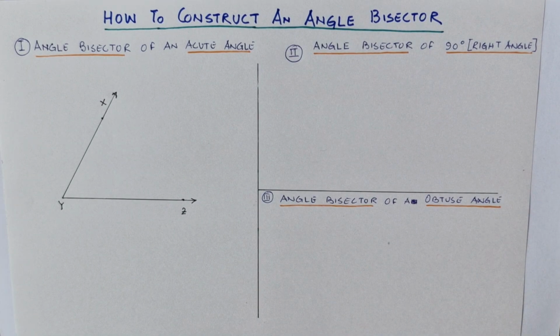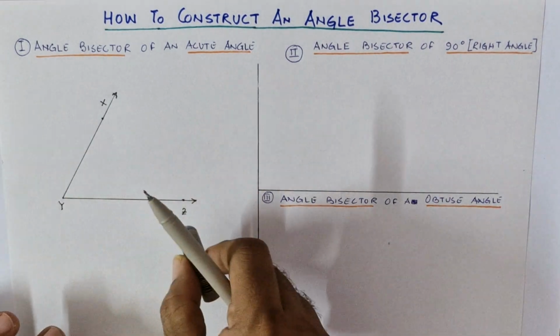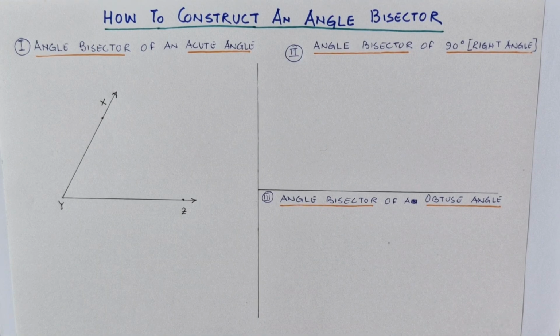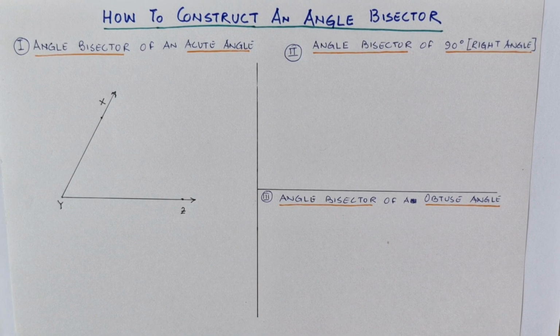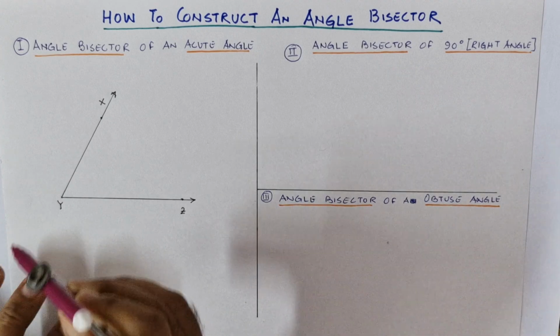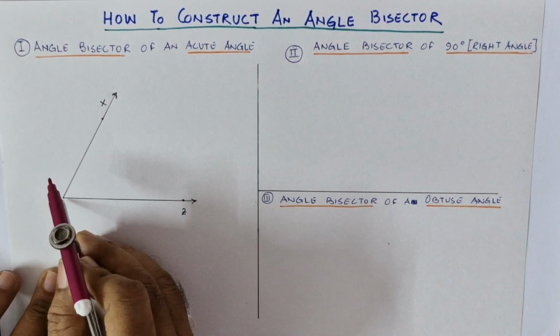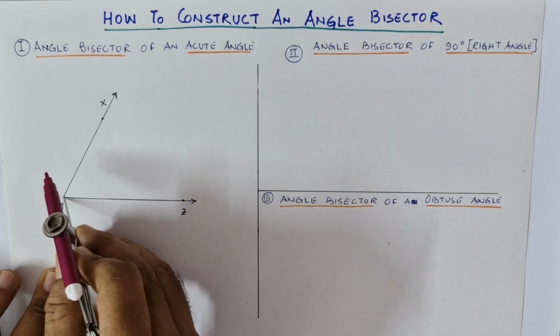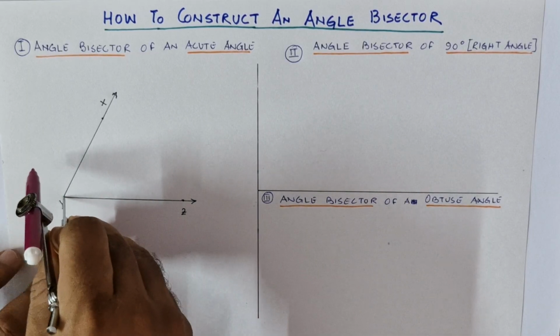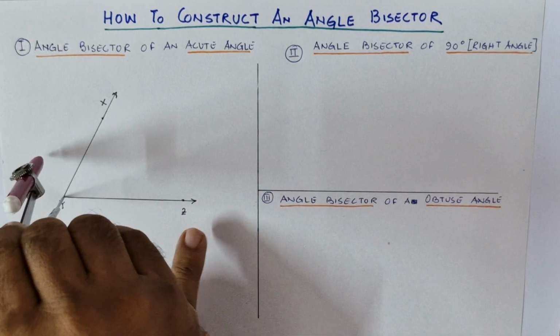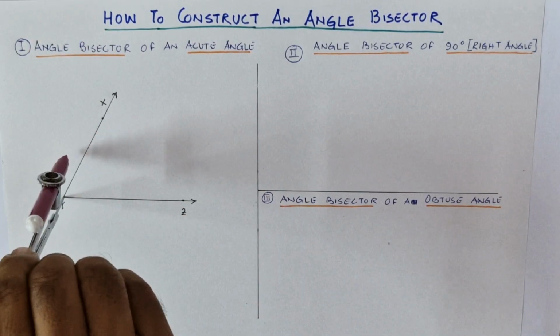Now, how to bisect this acute angle? Let's see. So step one is with Y as center, the vertex as center, draw an arc cutting this ray and this ray.